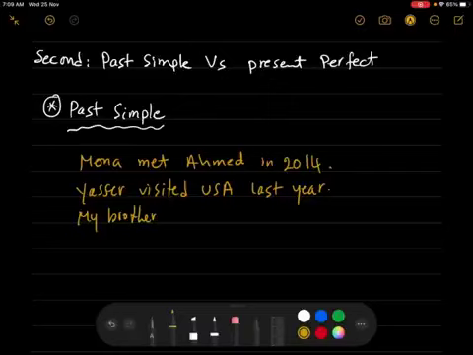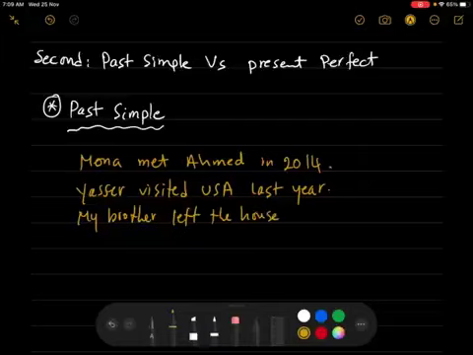Another example. My brother left the house, and we can stop. My brother left the house. We can understand here that the action was completed in the past.